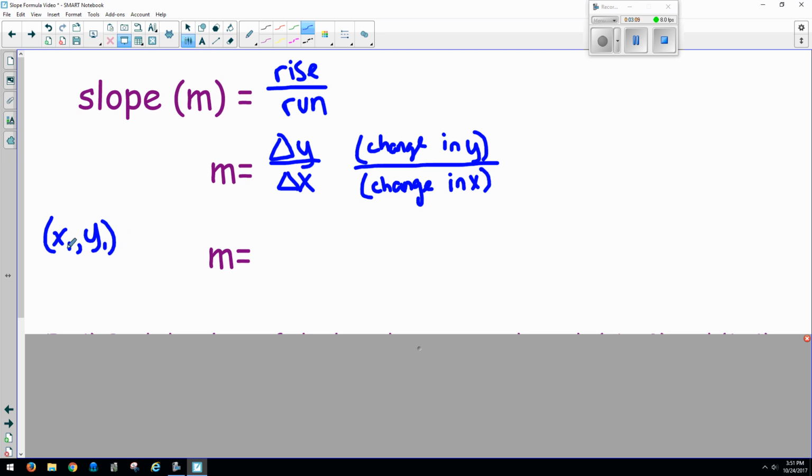We're just going to call this x1, y1, or you can say x sub 1, y sub 1, and x2, y2. So our slope formula is y2 minus y1. That's figuring out how the y values change, over x2 minus x1. That's how we're going to figure out how the x values change.